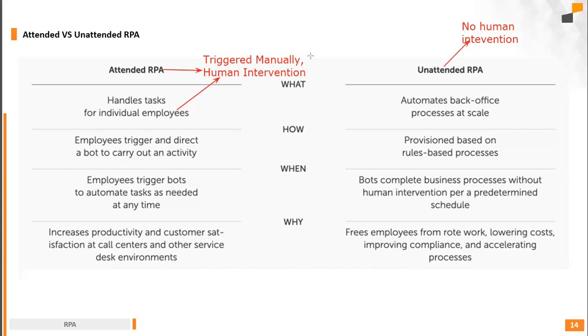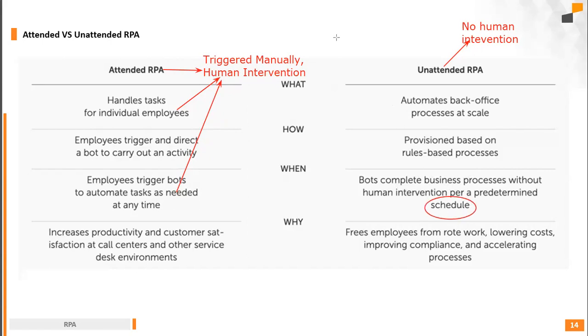Right. So observe one thing here. Who triggers attended robots? They are triggered manually. But unattended is scheduled. You see, it is scheduled.